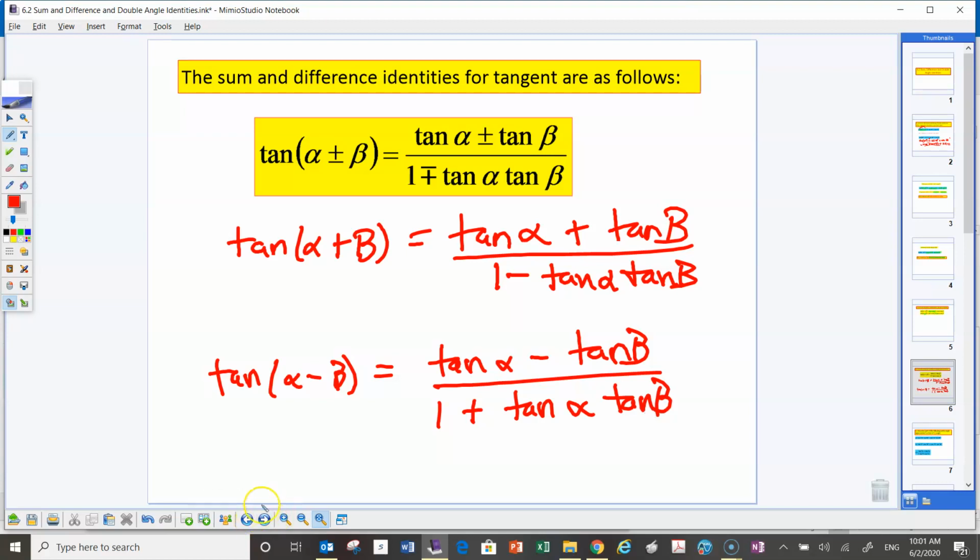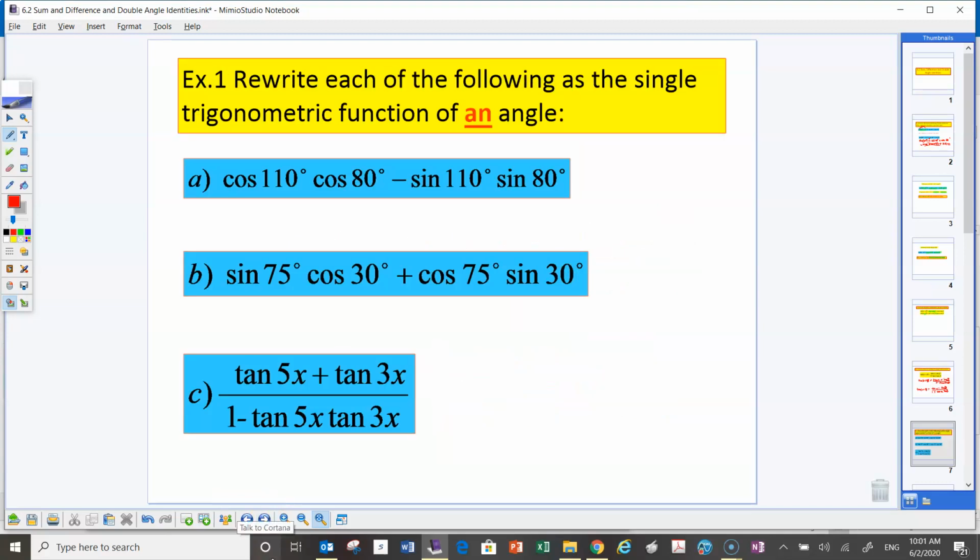So there we have our 6 sum and difference identities for our 3 primary trig ratios.